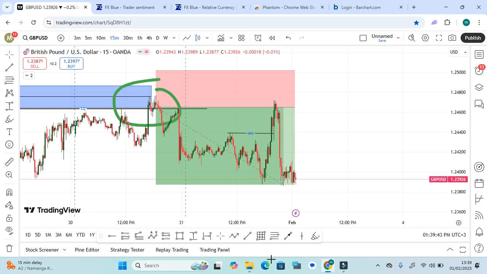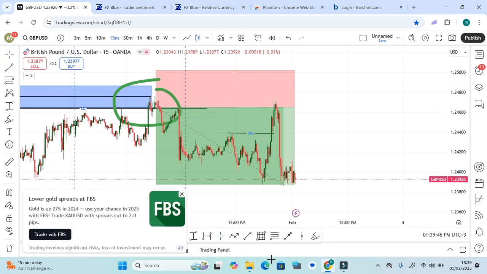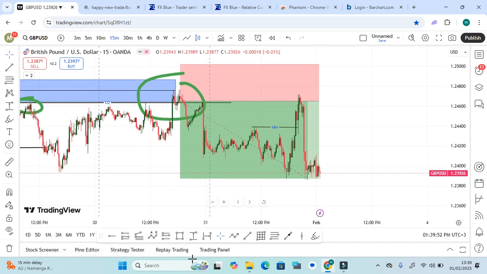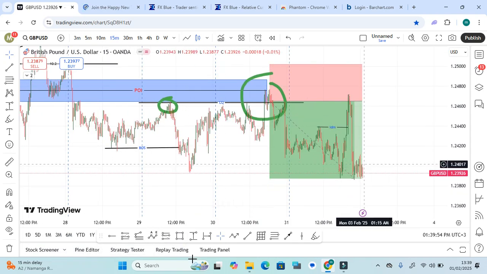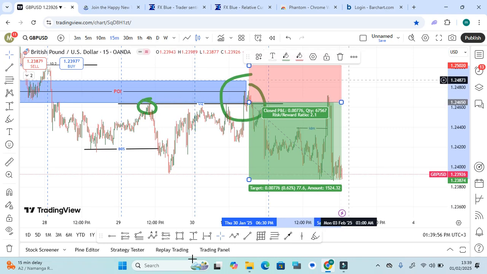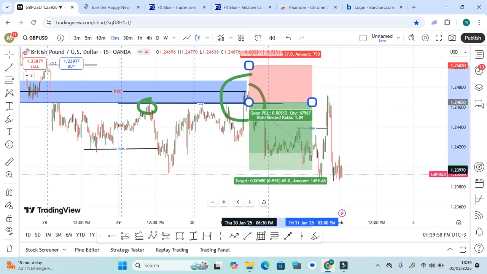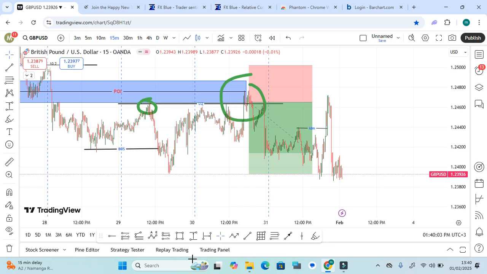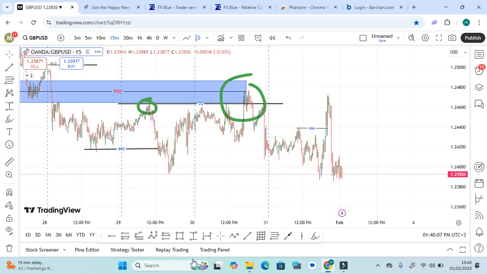Because you can see our entry was tested again the next day. So if to get out here after taking the previous day low, we are still bearish on this price. So the next day we would come and enter again, right?